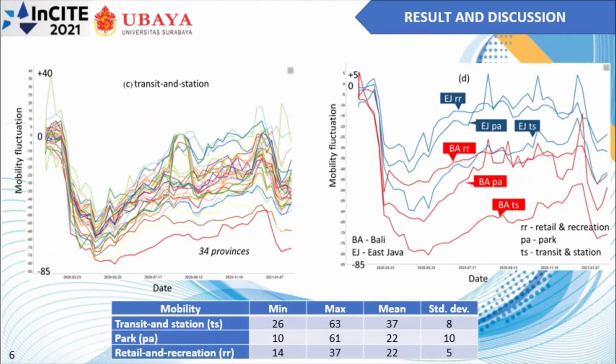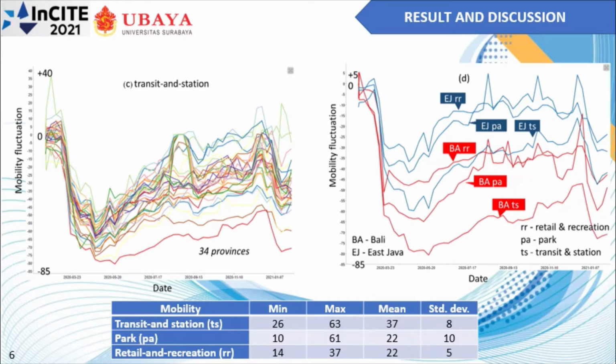This is because of the mobility limitation that we call PSBB at the time. So the PSBB has impact on changing the community mobility. So the community mobility can be seen to decrease sharply during March 2020.